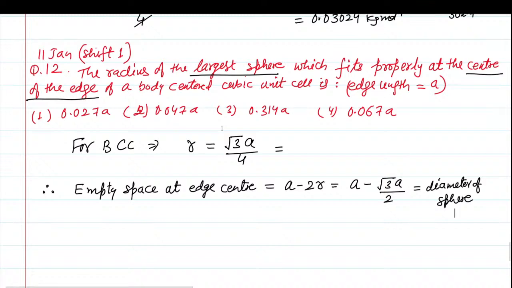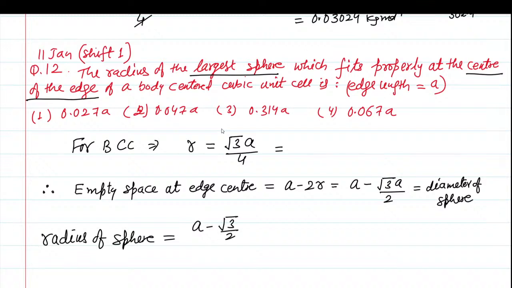Okay, so the radius of the sphere at the center is equal to A minus under root 3 by 2A divided by 2.